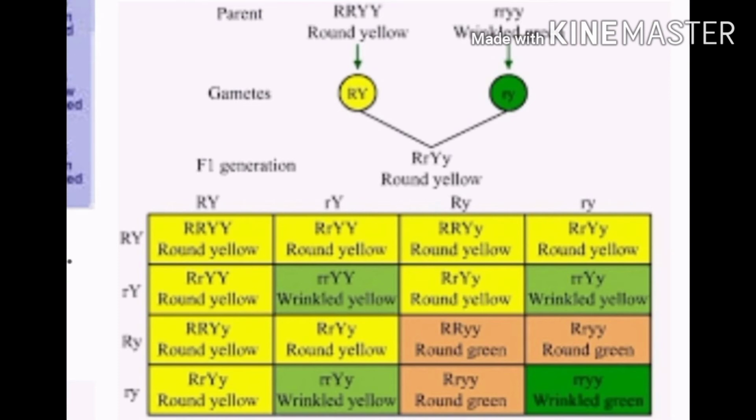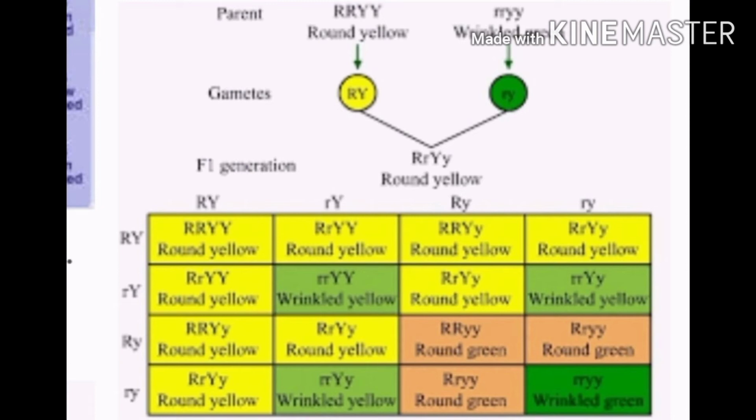As you can see in this figure, Mendel took pea plants with two contrasting characters, that is, a yellow plant with round seed and a green plant with wrinkled seed. When this parental generation was crossbred, the gametes are of the type capital R and Y of one parent, and of the other it is small r and y.